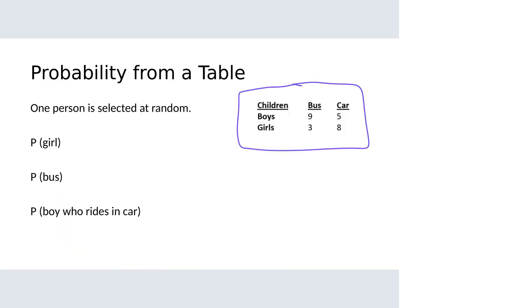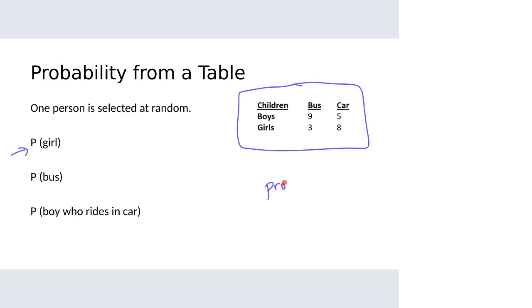Perfect. Very good. All right. So here, we've been given data on how children get to school, and some of them take the bus, some of them ride in a car, and one person from this entire table is going to be selected at random. Our first question here says, what is the probability that one person selected at random is a girl?